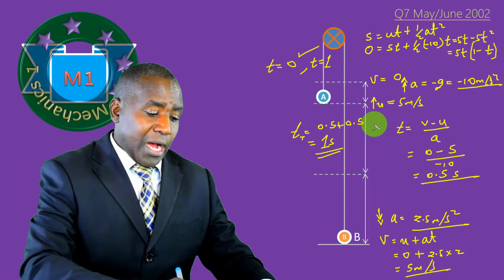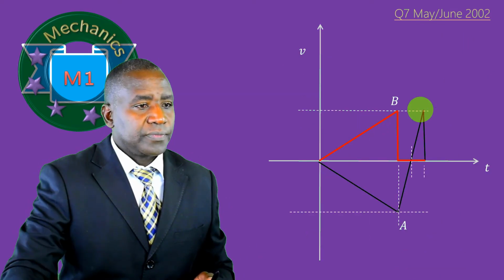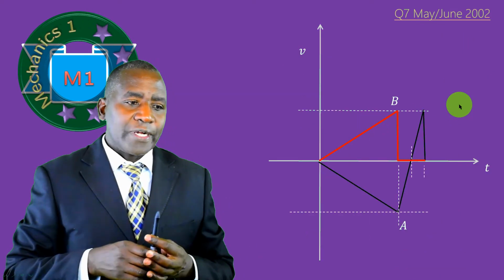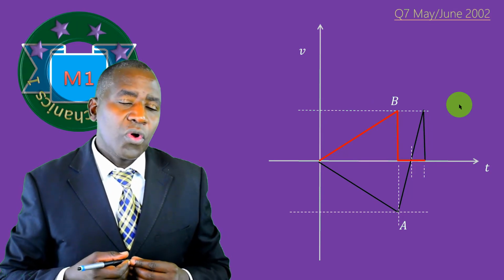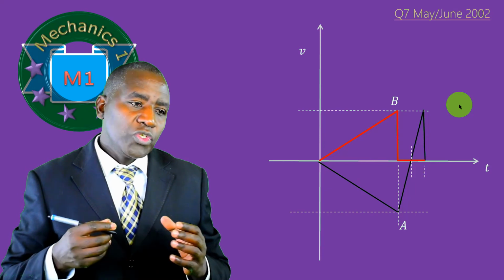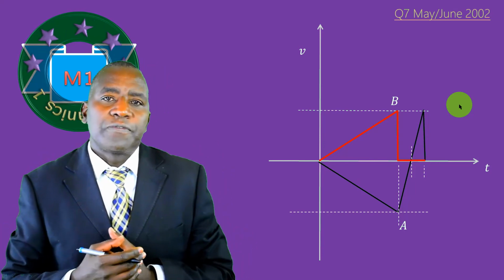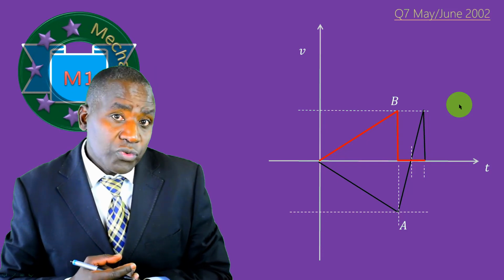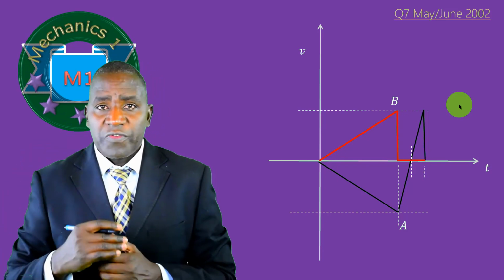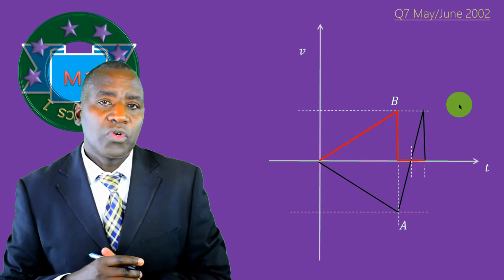Now, let us look at how we put this on a graph. This is the kind of graph that we have for motion A and B. I'm going to take the motion for B downwards to be positive. I want to do that because when the object is moving downwards under gravity, the value of g will always be positive.